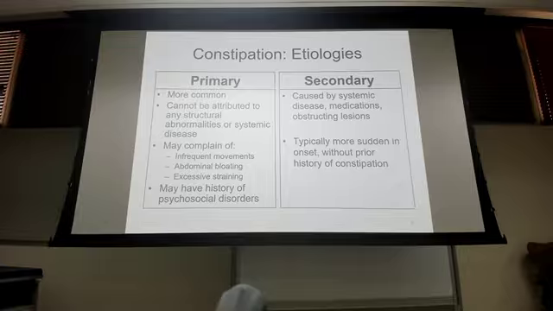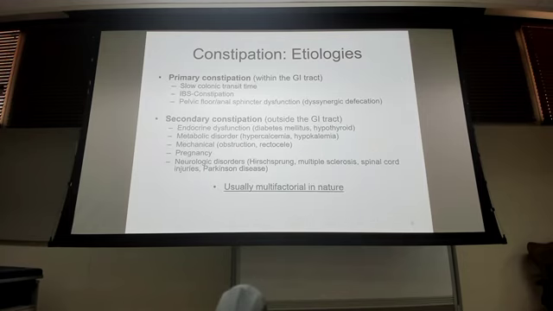So basically, if it's not in the colon, it's not a structural abnormality or a systemic problem that's primary, then we start looking up all these secondary causes. Secondary, usually more sudden, and you don't have a prior history. And we'll get a little bit deeper diving into the etiologies and the secondary causes here. Primary problem, always inside the colon.